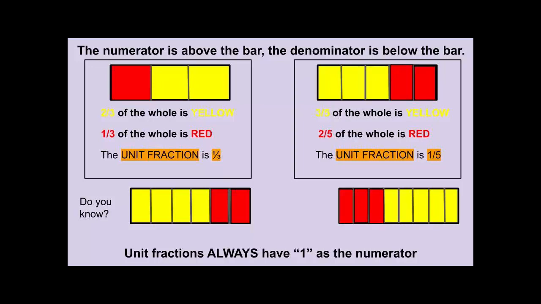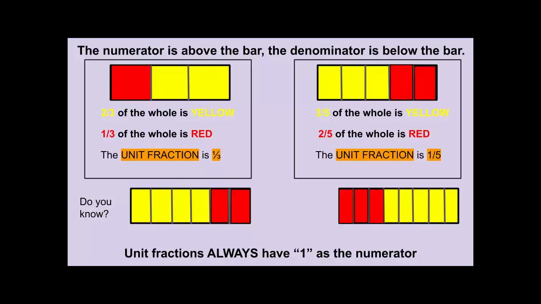You can see that there are 6 parts. How many of the parts are yellow? Yes, there are 4 yellow parts. So 4/6 of this fraction is yellow.